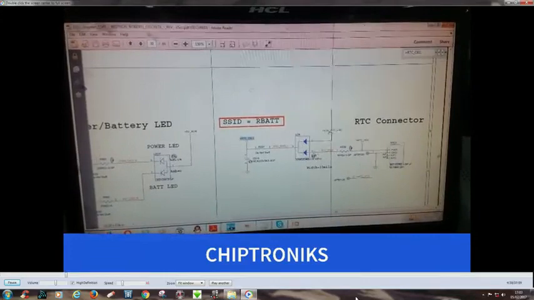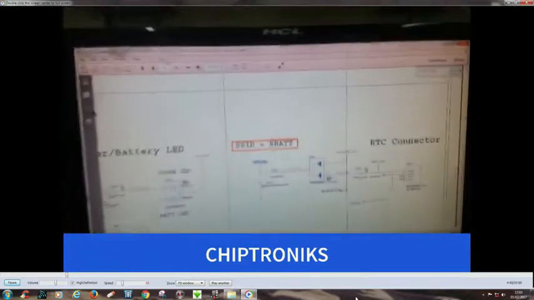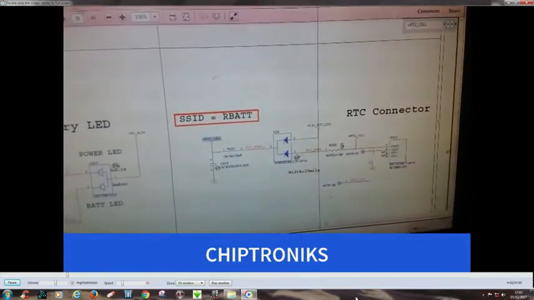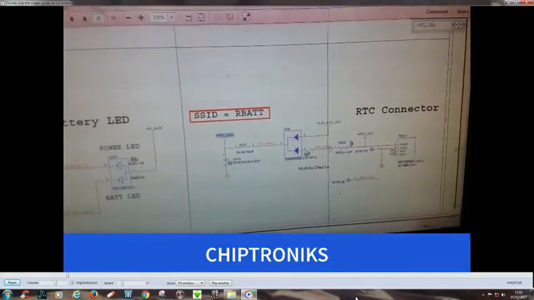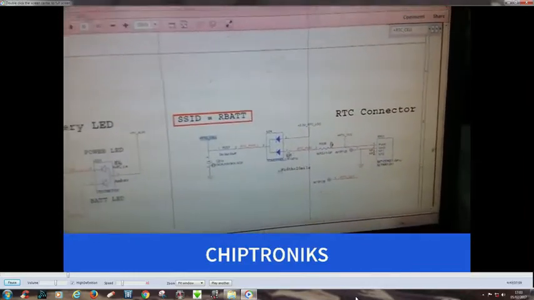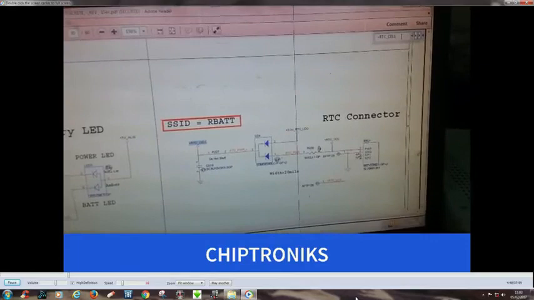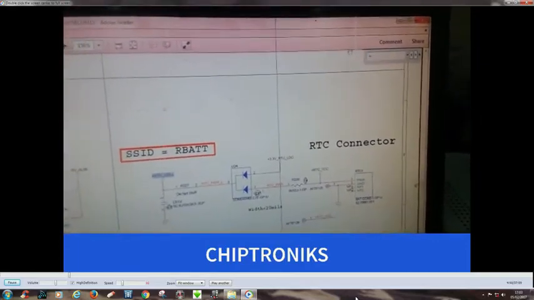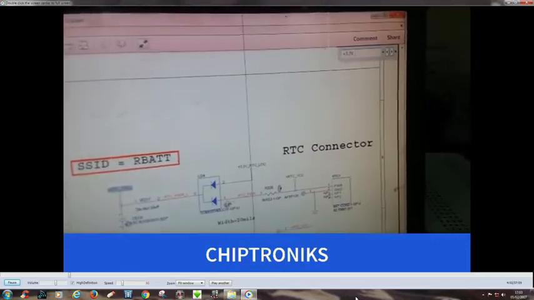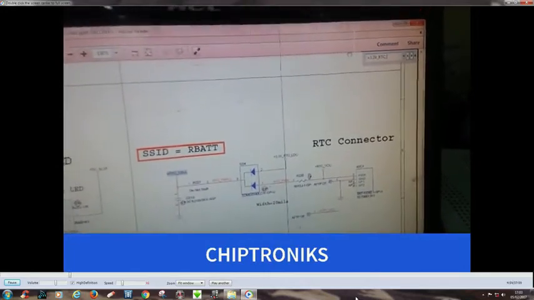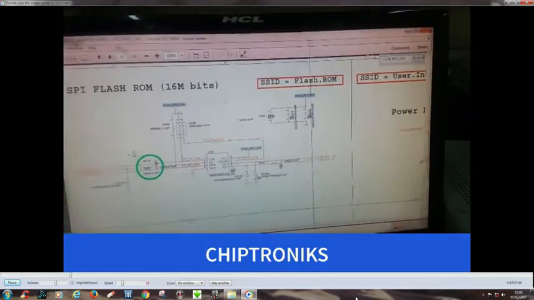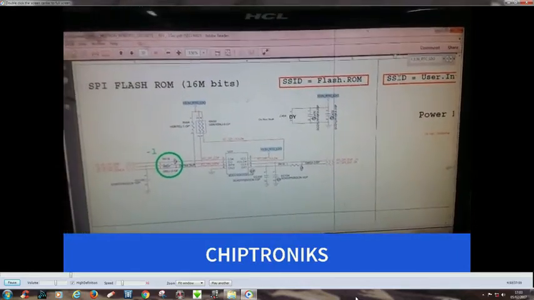So now we check for plus 3.3. Suppose your RTC battery is dead, but it is connected to the adapter, then this will give output. So we'll check the plus 3.3 volt underscore RTC underscore LDO, from where this is coming.